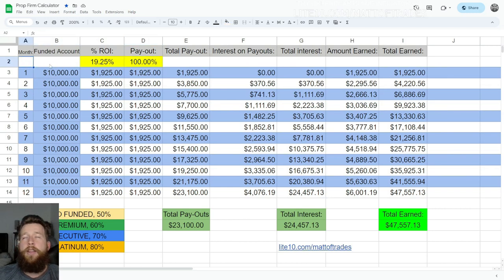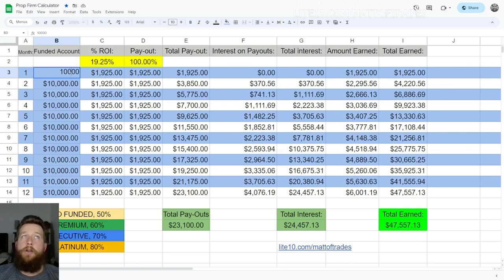But again, you also don't want to be wasting thousands of dollars failing a bunch of prop firm challenges. So if you are going to use a prop firm, just make sure that you have confidence in a strategy that is going to work within the confines and rules that a prop firm is going to have.